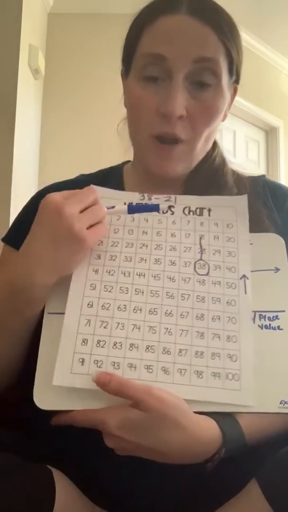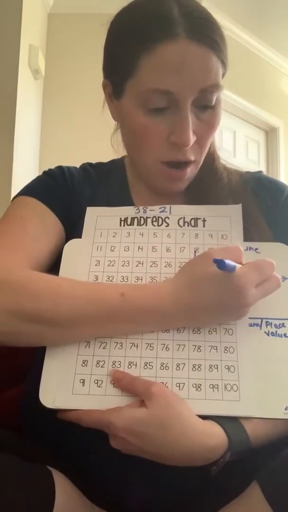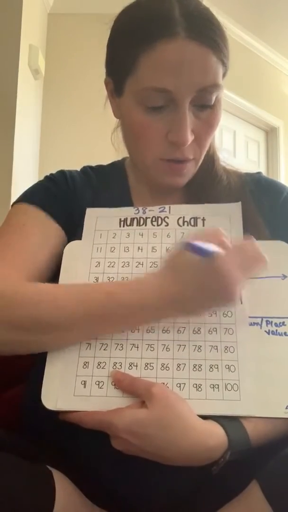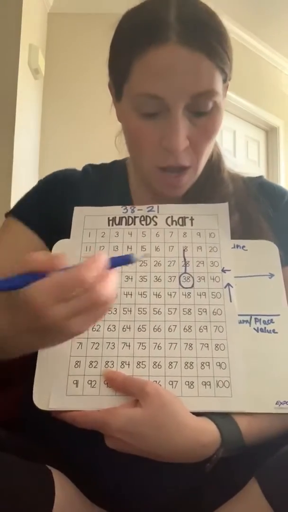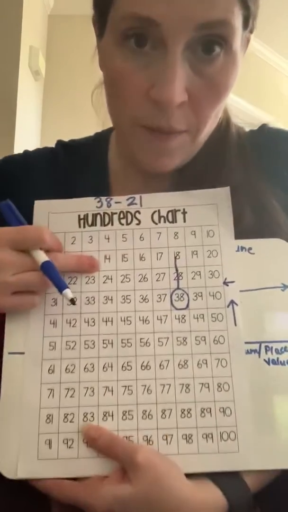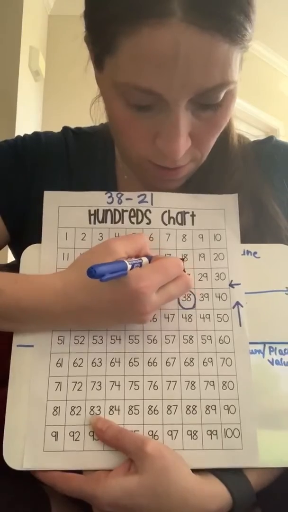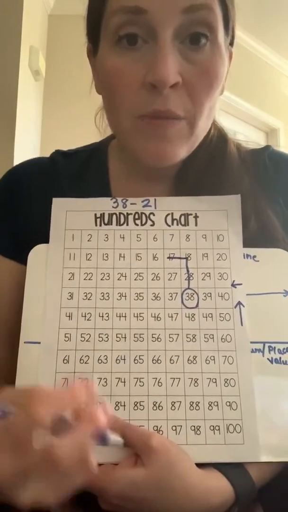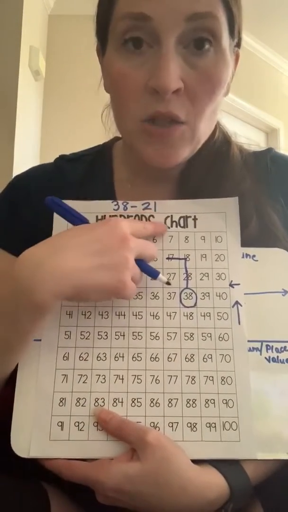And when we subtract on the hundreds chart, our numbers go this way for making our jumps. So I'm going to go to my 18 and then just make 1 jump to 17. So my answer for 38 minus 21 is 17.